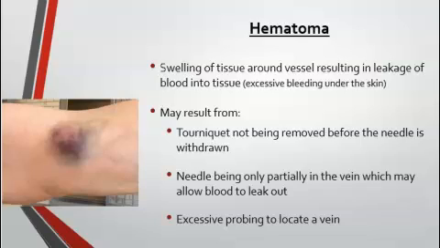But some of the reasons that a hematoma may form is that the tourniquet may not have been removed before the needle has been withdrawn, or the needle may have only partially been in the vein, so the vein may have leaked, allowing the blood to leak out under the skin, or the person completing the venipuncture may have adjusted or excessively probed the area in order to locate the vein.